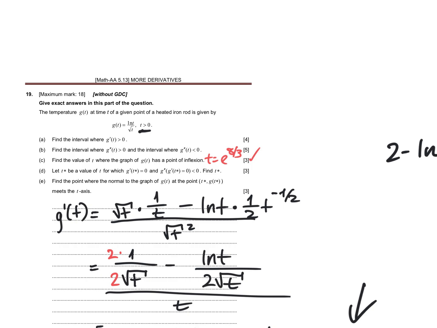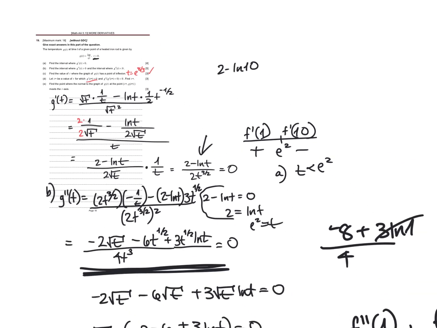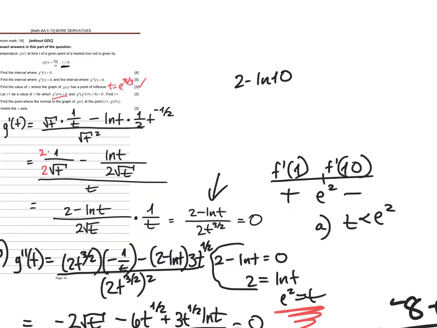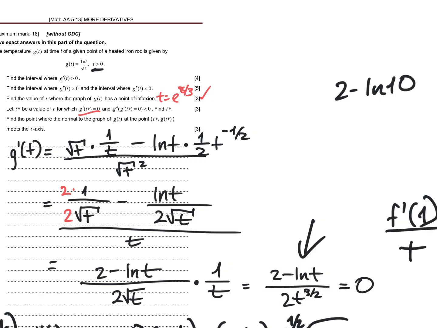t star is the value of t for which the derivative at t star is 0. So that means we've already found that. That's here. e squared has the derivative 0. That's the only time the derivative is 0.